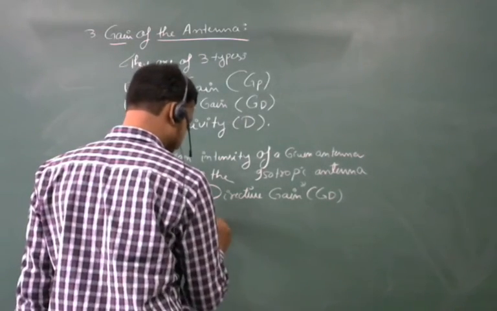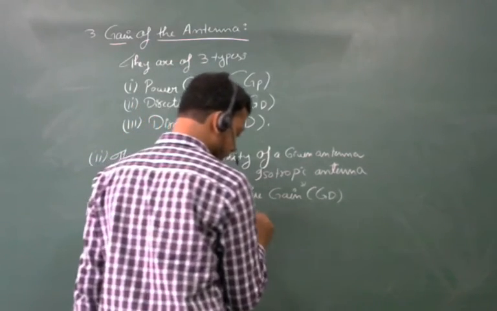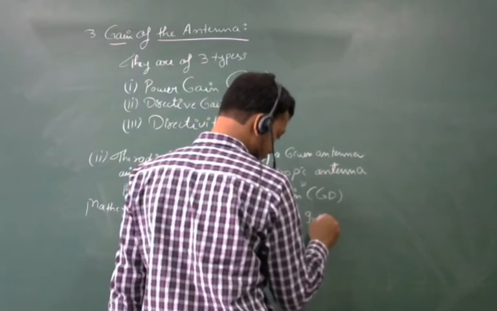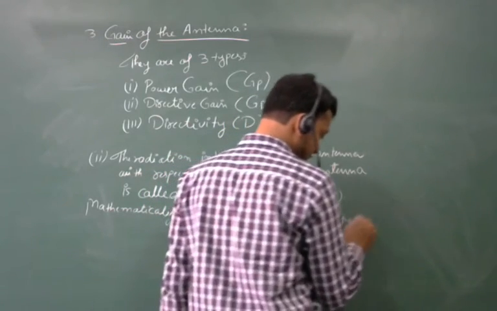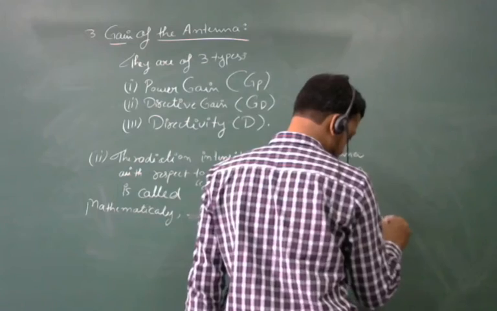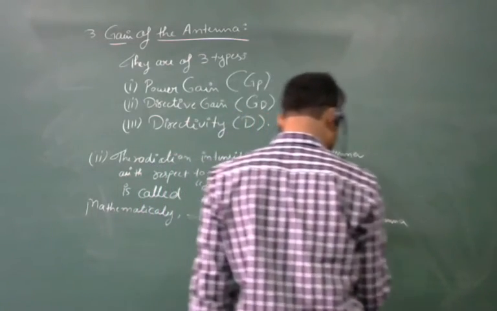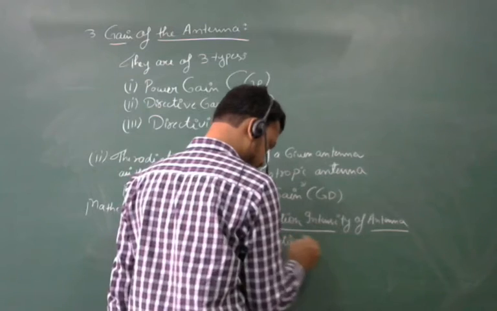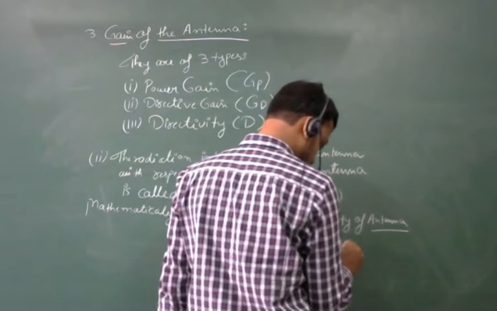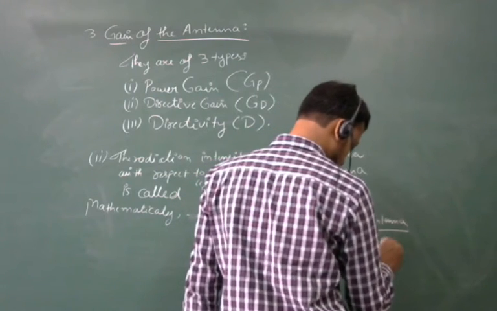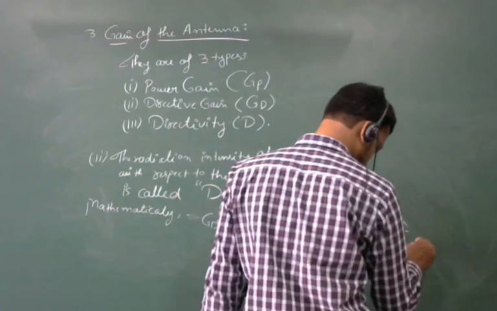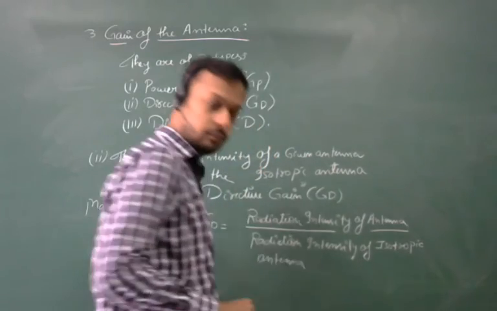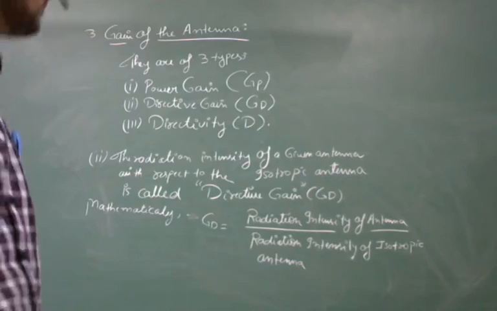So G D equals this ratio, and this ratio is called directive gain.